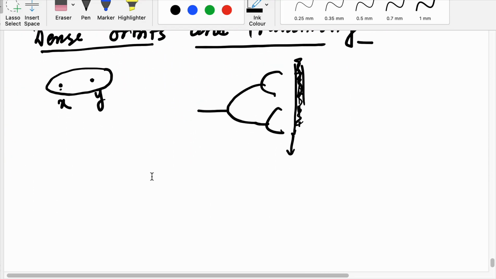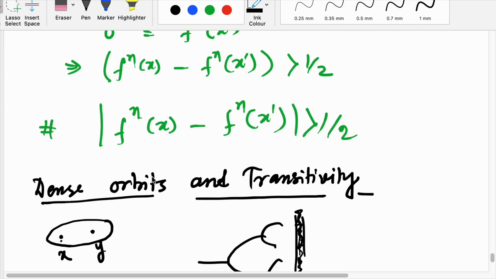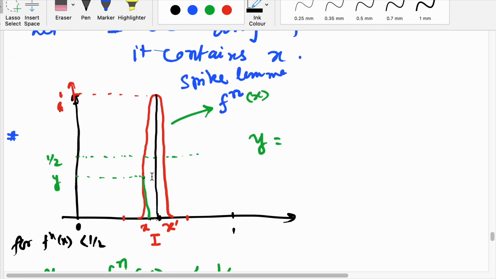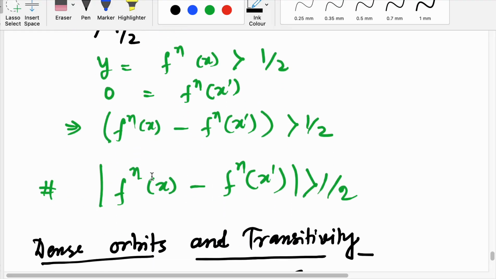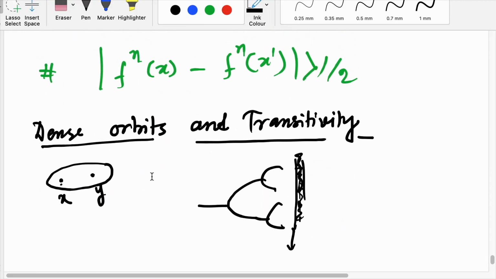Now today we're going to prove the dense orbits and the transitivity. What does dense orbit mean? Whenever we check whether or not a system is chaotic, we take 2 points: one is the orbit of x, another is the orbit of x prime.